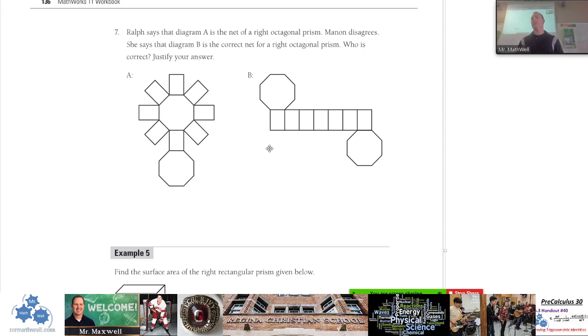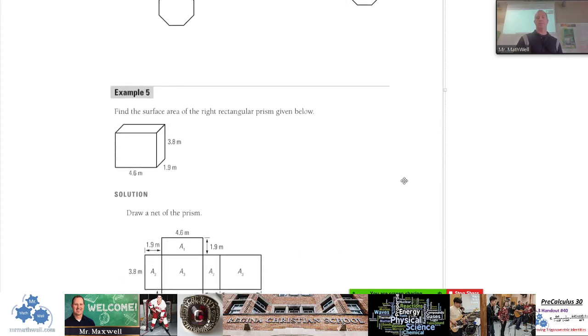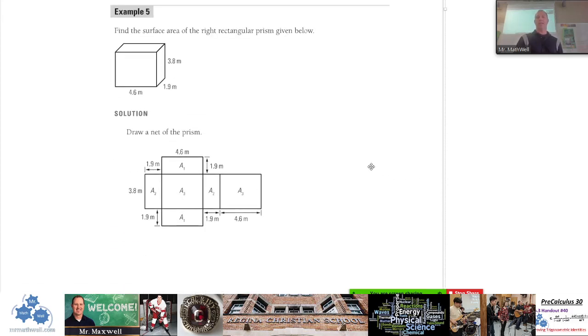So you could draw a net diagram a number of different ways. It's not really just one right or wrong way to draw a net diagram necessarily, as long as you have everything taken care of. I would encourage you to label your net diagrams, to try and draw them also to scale a little bit so that you can identify which sides are the same, top, bottom, front, back, and so on. Okay? Any questions?